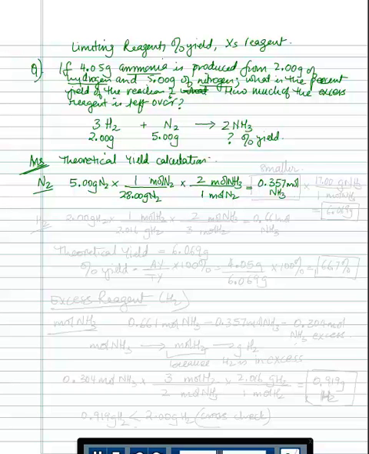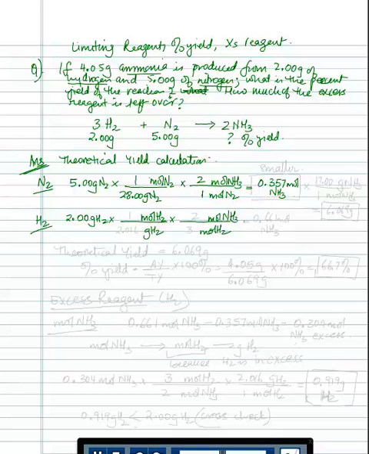Now I will do the calculation for hydrogen. And with hydrogen, I'm starting with 2.00 grams of hydrogen. And then I convert the grams of hydrogen to moles of hydrogen. Then I will do the mole ratio of hydrogen to ammonia.